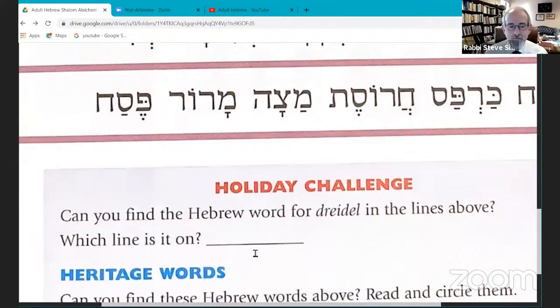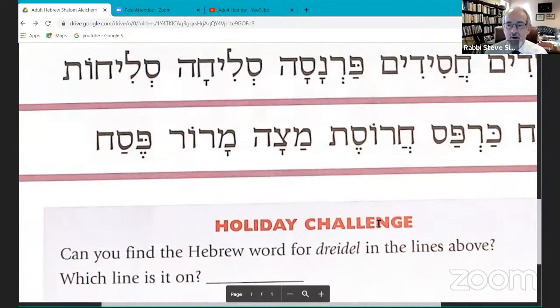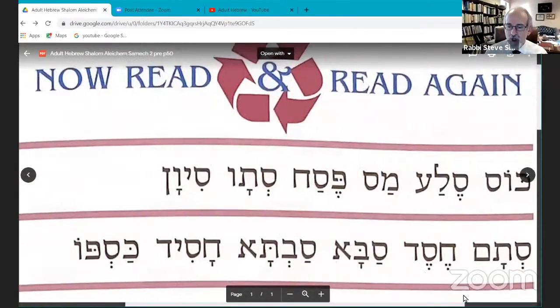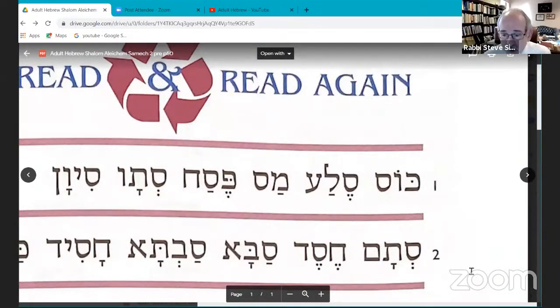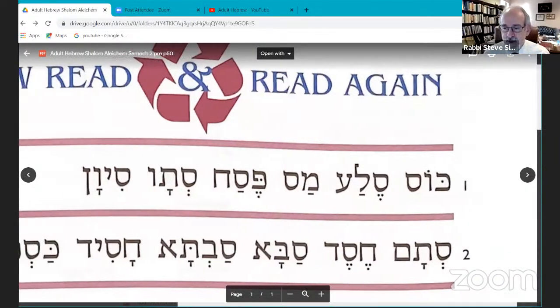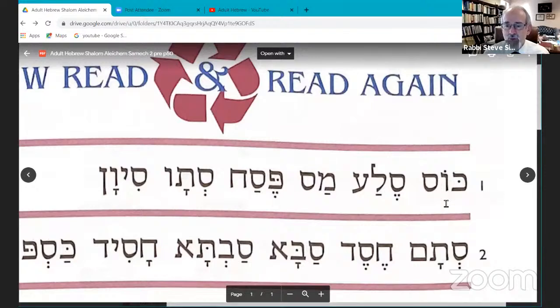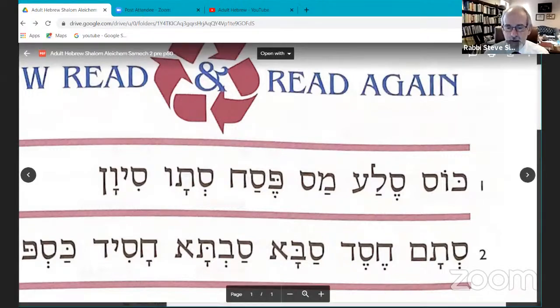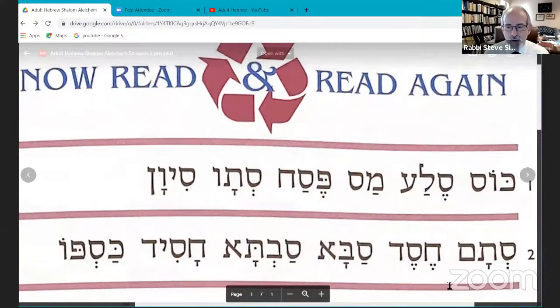So, can you find the Hebrew word for dreidel in the lines above? Well, I think I shared it with you. And now we'll just go one word at a time throughout the entire page, and then onto the next page, and we'll conclude today. Kos, Sela, Mas, Pesach, Stav, Sivan. Line 2.